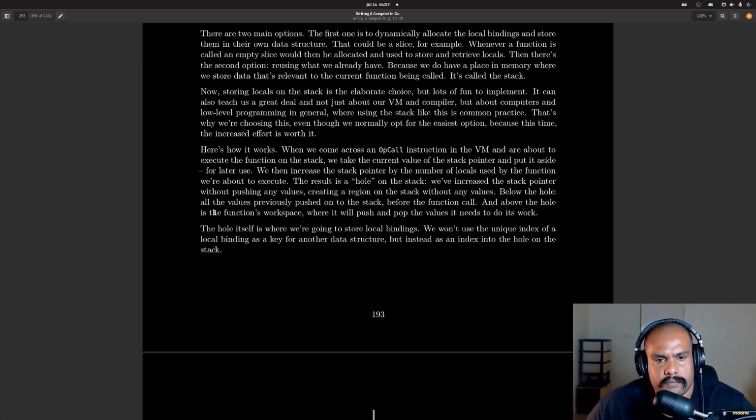Here's how it works. We come across an OpCall instruction in the VM and are about to execute the function on the stack. We take the current value of the stack pointer and put it aside for later use.